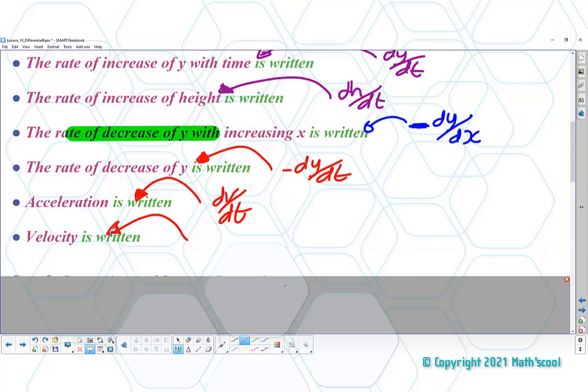Oh, look, I was near the table, but now I'm running away from the table. My direction isn't changing. My distance from the table is changing. So velocity is rate of change of displacement, dx by dt, or ds by dt, depending on whether you want to use s for displacement or x for displacement.